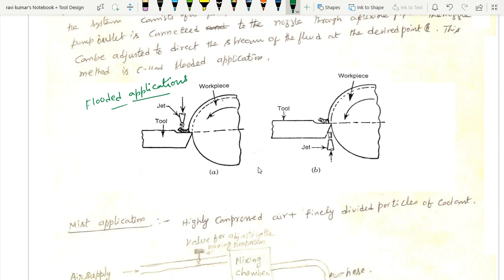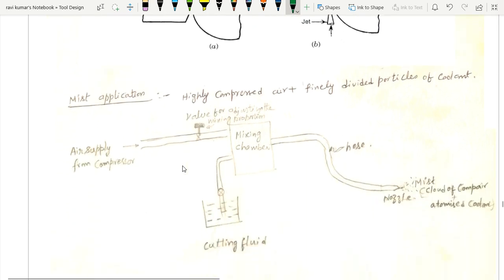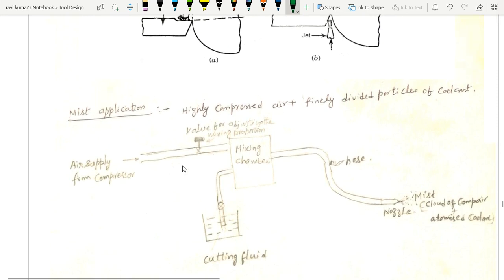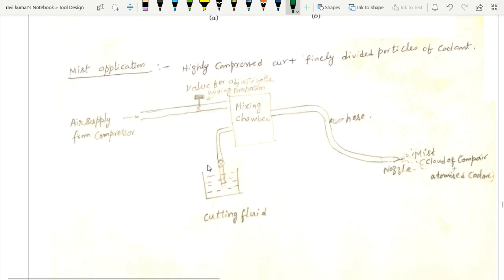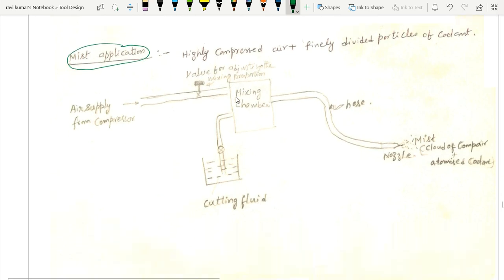be more better effect. Likewise, instead of applying it as a jet or flooding it, I may mix highly compressed air along with this cutting fluid, and I will be able to obtain a sort of mist, and this type of application I call it as mist application.